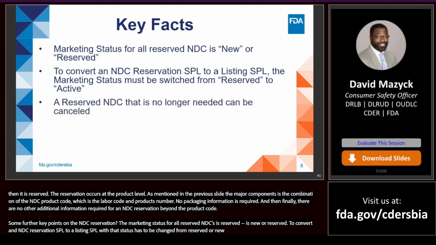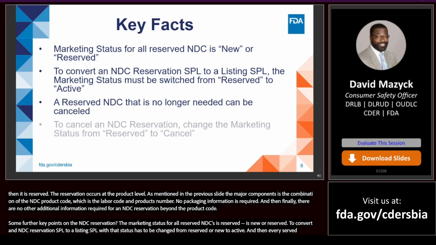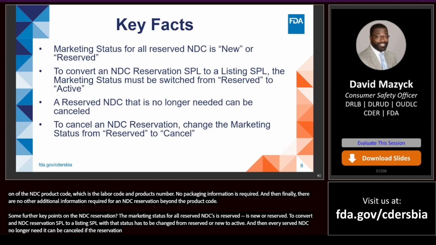And then a reserved NDC that is no longer needed can be canceled. You can cancel that NDC if the reservation is no longer needed. To cancel an NDC reservation, you would merely change that marketing status from reserved to cancel.